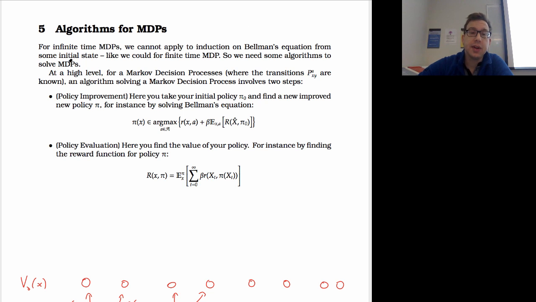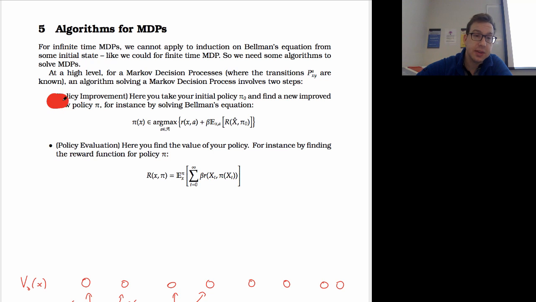Okay, so as I mentioned yesterday, most algorithms for Markov decision processes, and these are ones where you know the probabilities of the jumps, or in the case of a stock, you know what the drift is and what the volatility is, will have essentially two steps.